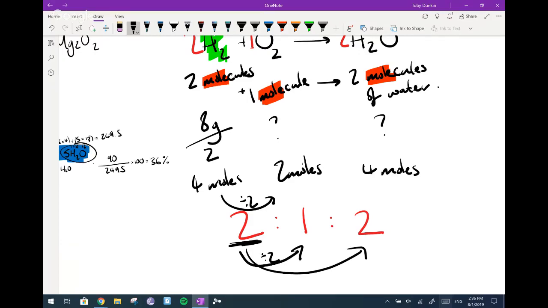All I've done is used the ratio from the equation. That's why we balance, because it allows us to translate across substances through the equations. And that's an awesome thing to understand. It's really incredible once you realize that people were working this out before it was even understood that particles existed. It's a fascinating thing.